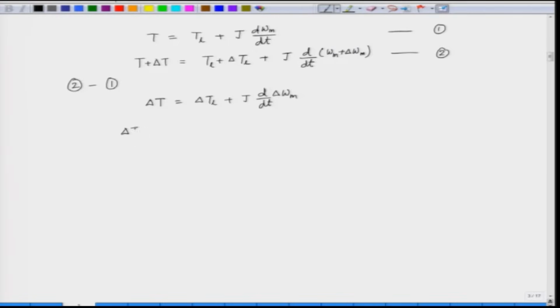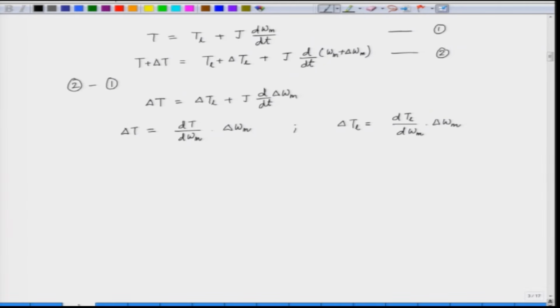Now, let us try to see what is delta T. Delta T is dT by d omega m, the slope at that point, into delta omega m. Similarly, we can say that delta T L is equal to dT L by d omega m into delta omega m.